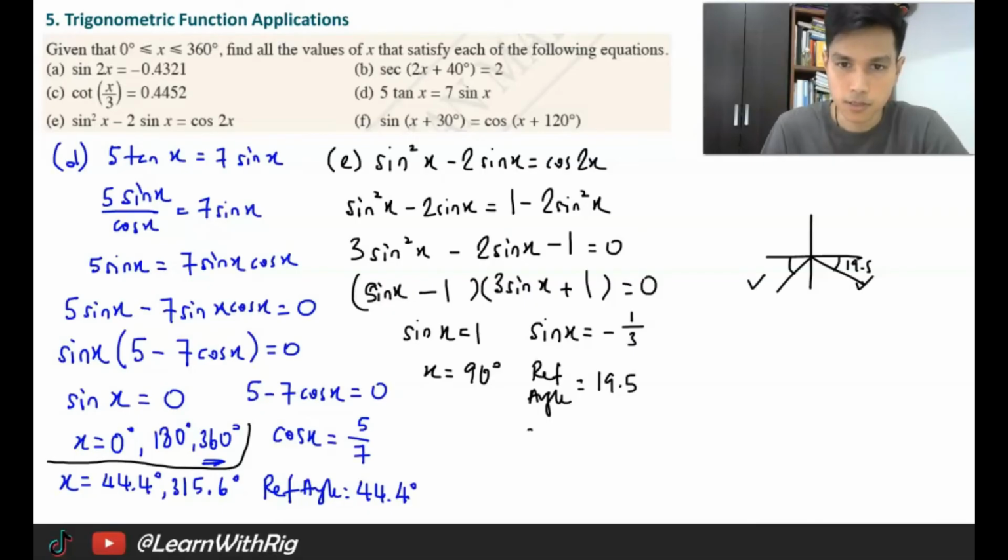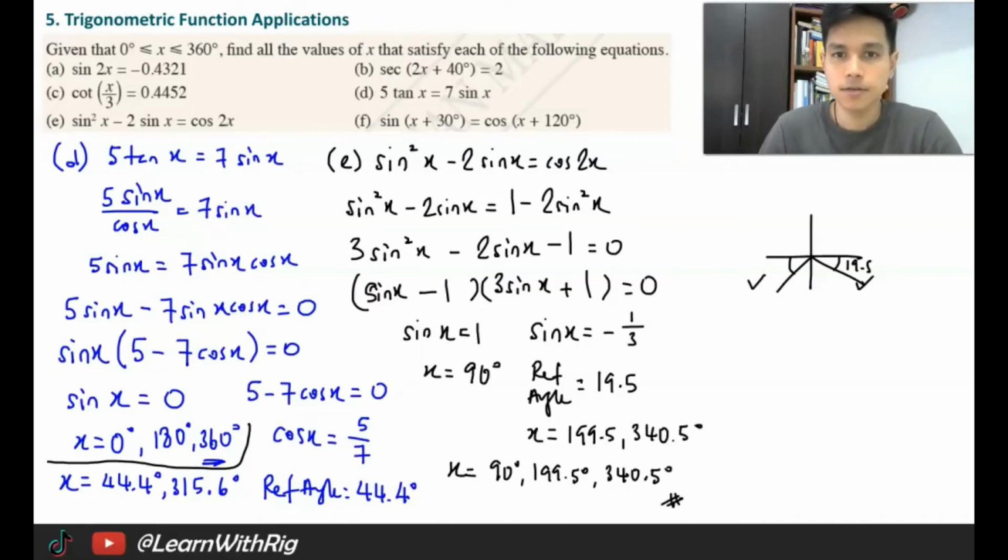So in other words, x is equals to 199.5 and also 340.5. So to conclude, your x value, you should have three answers: 90 degree, 199.5, and 340.5.